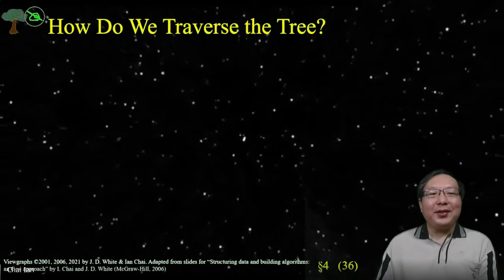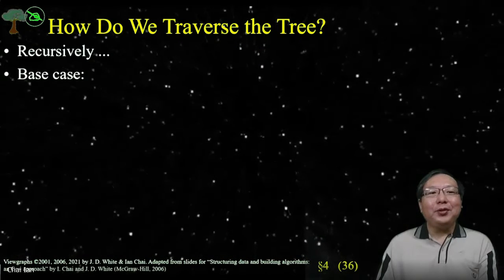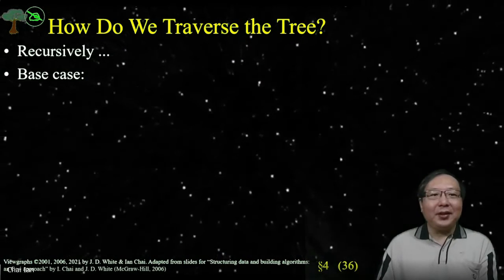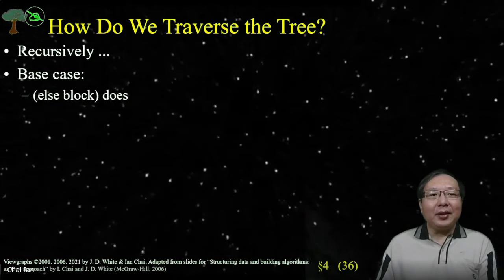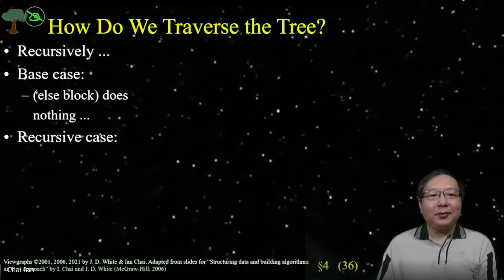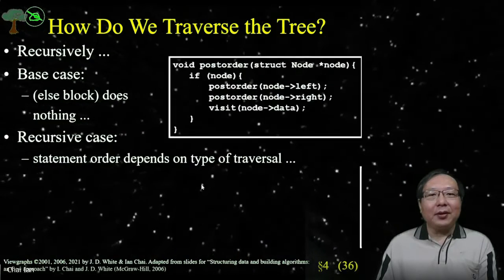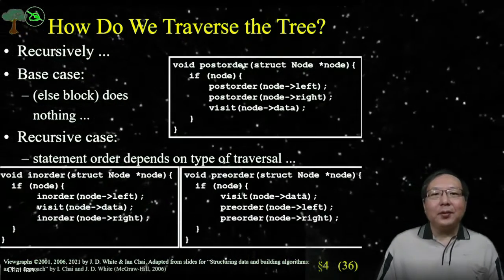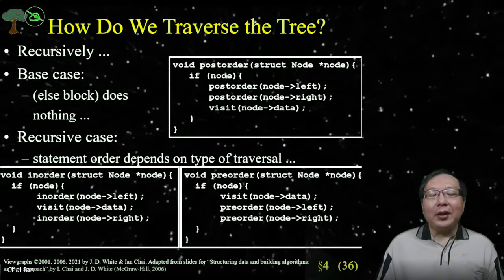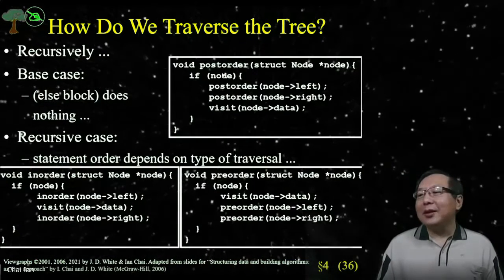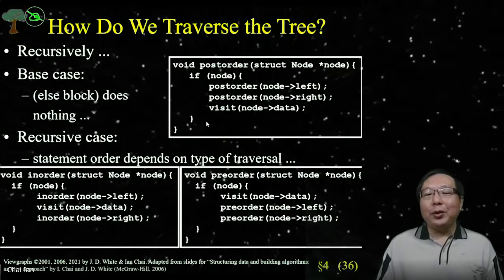So how do we traverse the tree? We use recursion, like we mentioned earlier. The base case, the else block, does nothing. In the recursive case, the statement order depends on the type of traversal. So if the node is null, then we do nothing. There's no else.